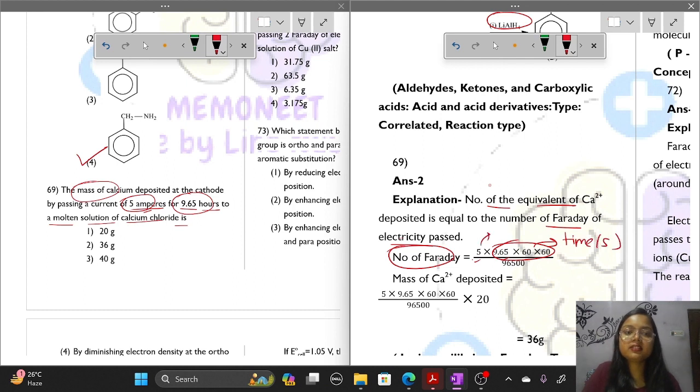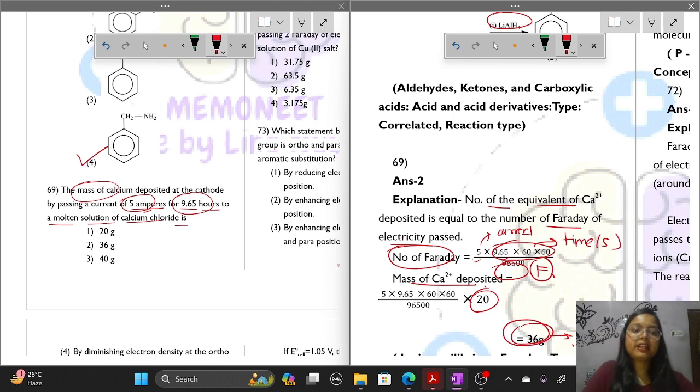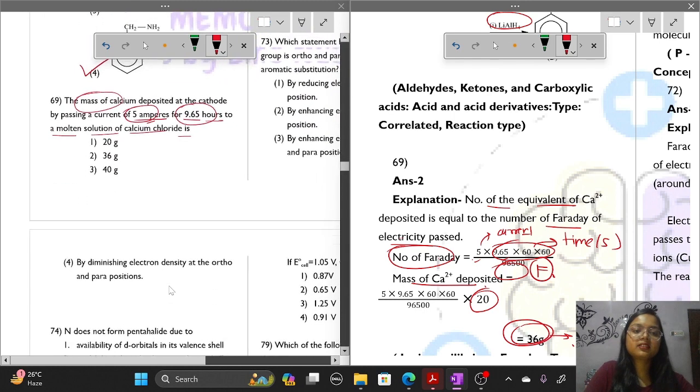This is the current and this is the value of Faraday, 96500. So the mass of calcium deposited comes out to be 36 gram. There is a better way that we can solve this.